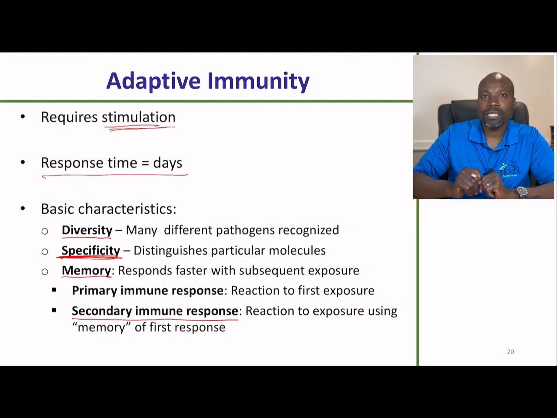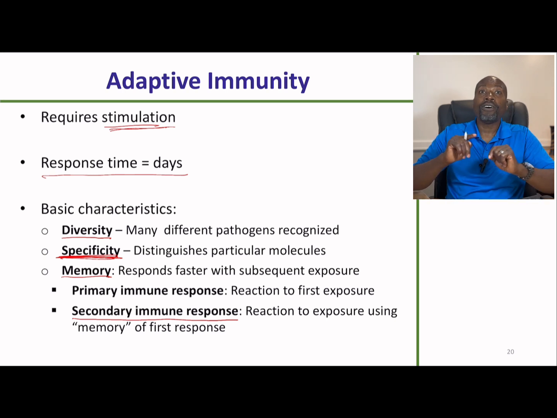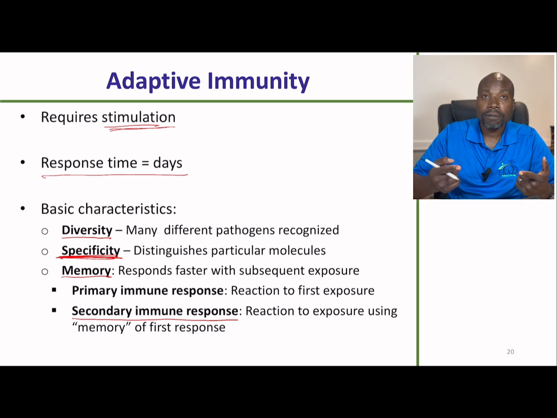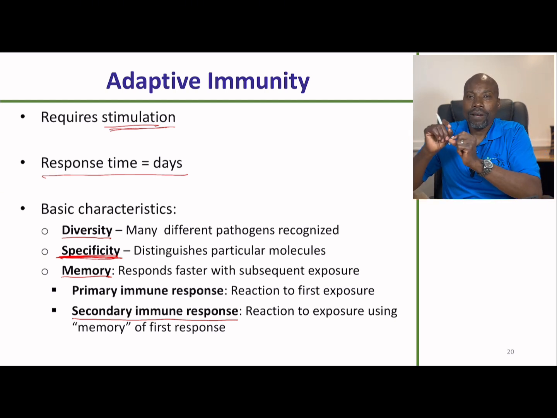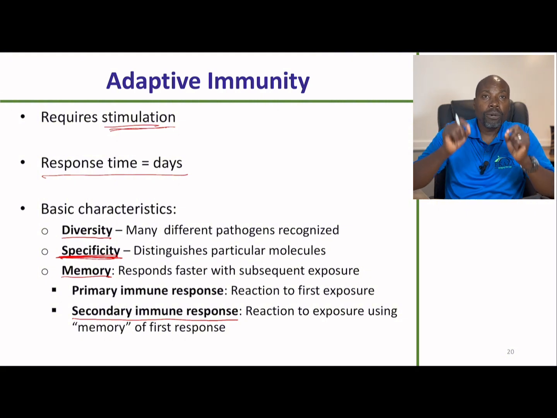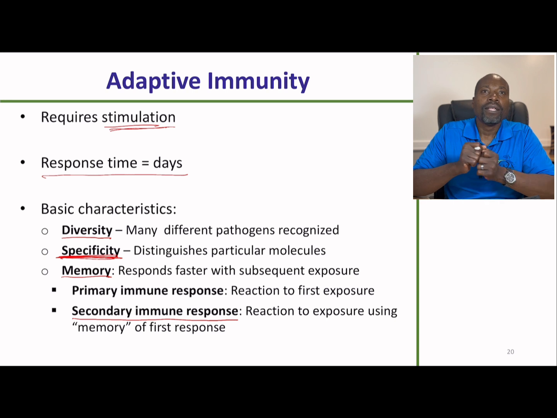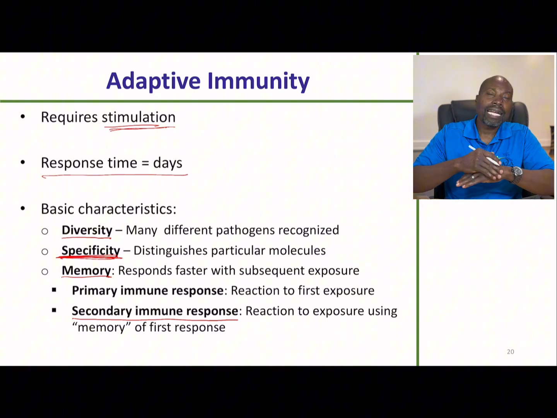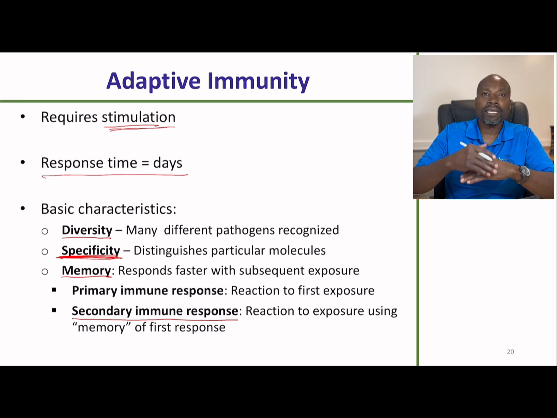Now, when you have a third boost, that third boost is the second memory response. The more boosts of immune response you have, the stronger that immune response, the better that protection. That's why when we do vaccines, boosts are necessary to provide a good level of protection.